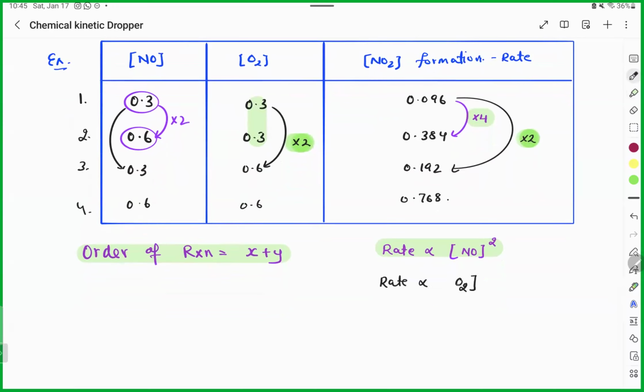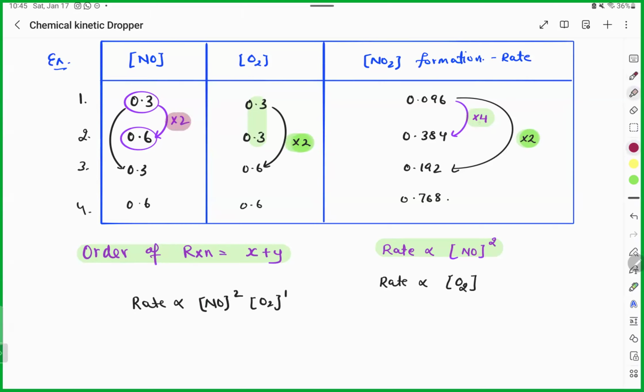Any doubt? If you combine both of these, you can say the rate depends upon NO raised to power 2 and oxygen raised to power 1. So first step, keep one value constant. Second step, see when one thing is changing, what is the impact on the other thing?